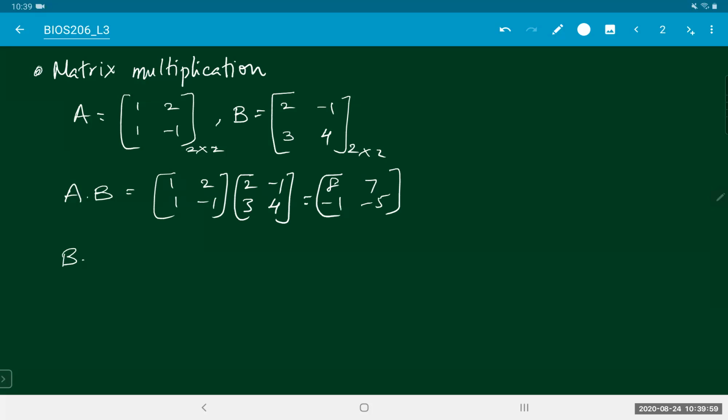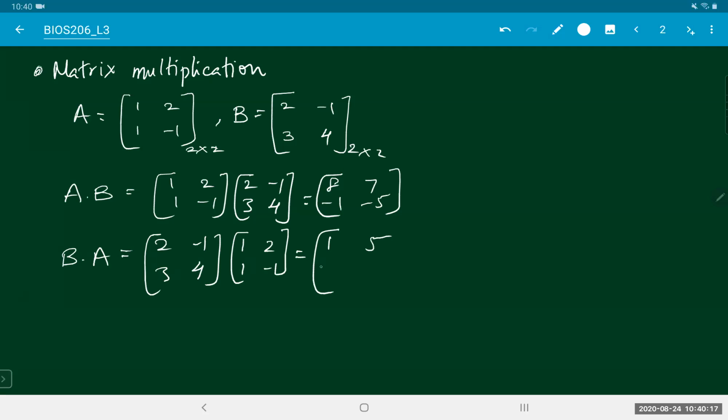But then if you change the order and multiply B and A, you see that these two are not the same.